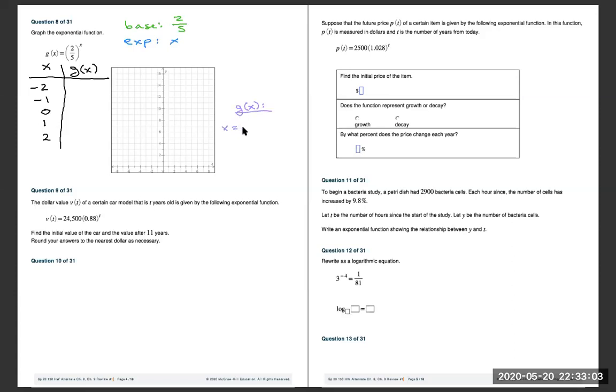When x is equal to +2, we'll start at the positive side. We have g of 2 that's going to equal the quantity 2/5 squared.